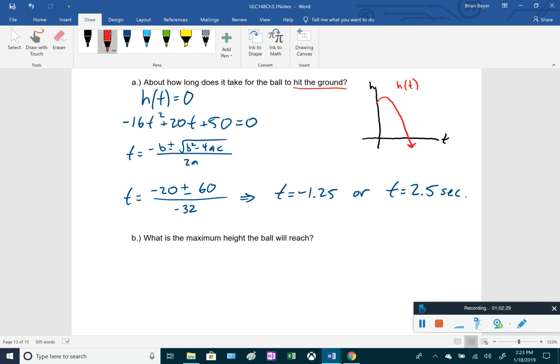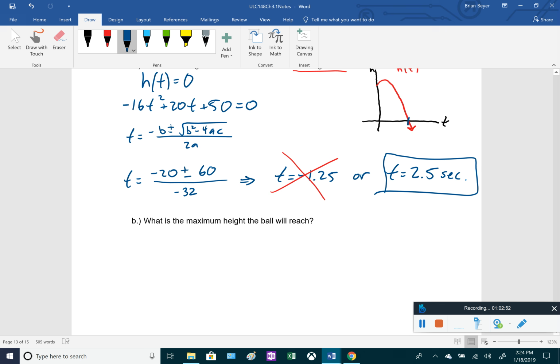So we actually omit this value. That means our answer is 2.5 seconds. So after 2.5 seconds, the ball hits the ground, which is that x-intercept that we see right over here. Which seems like it makes sense, sure.